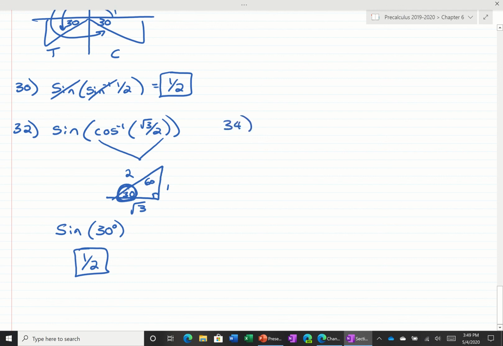Number 34, it says what's the cosine of the inverse cotangent of 4/3? Okay, well, let's draw this triangle. I'm going to draw a triangle whose angle, whatever that angle is, the cotangent of that angle is 4/3.